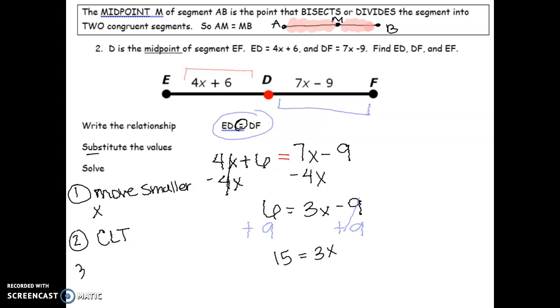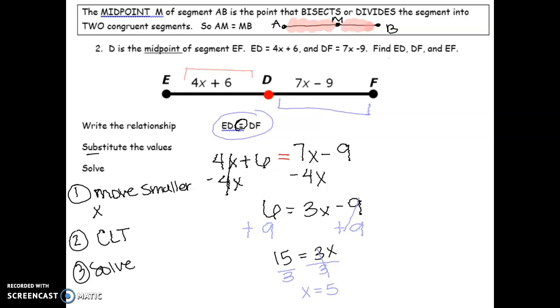And then we solve for x. So here, I am multiplying 3 times x, so I have to do the opposite to get rid of it. So I am going to divide both sides by 3. 15 divided by 3, that is going to be 5. However, we don't stop there.